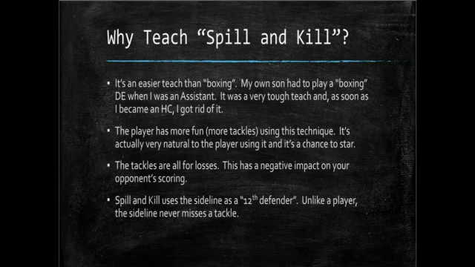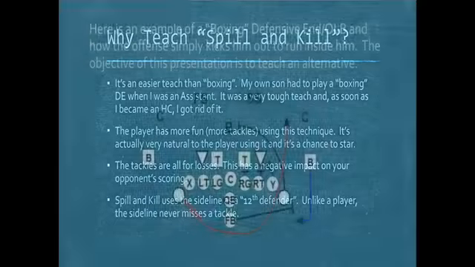What we're going to use those two players for is to actually tackle the runner for a loss. So again, I will watch for questions, and I'm not seeing any, so I'm going to go to the next slide.